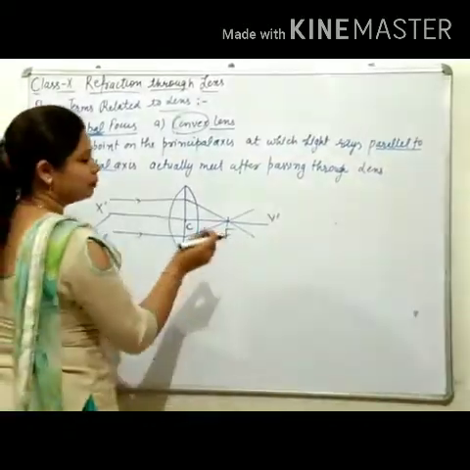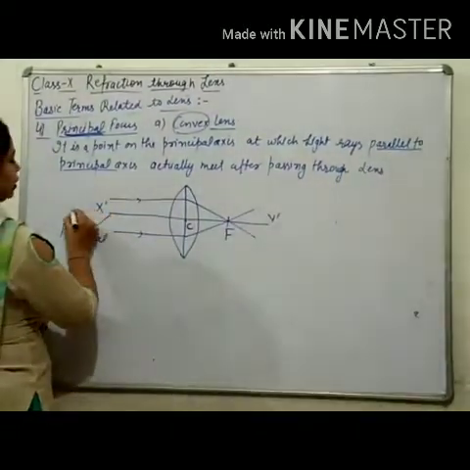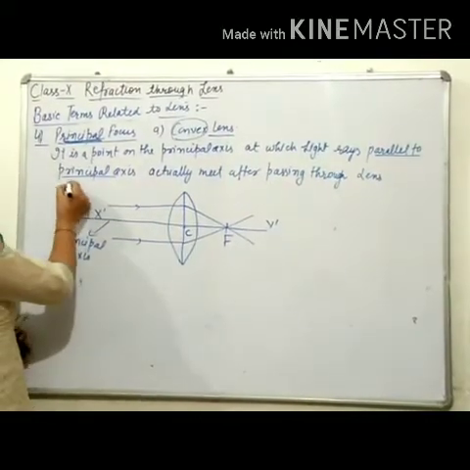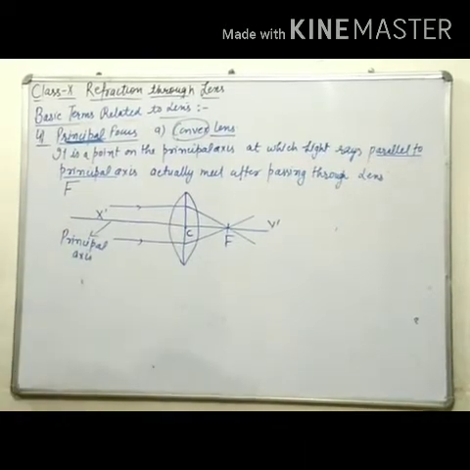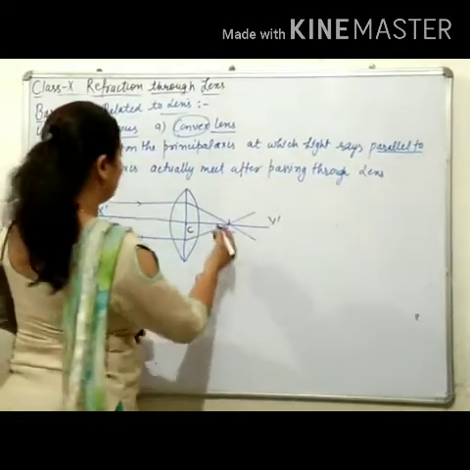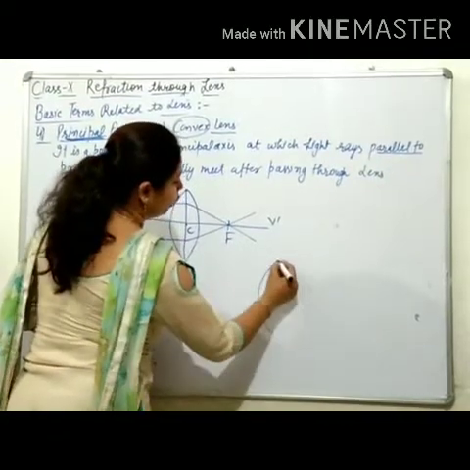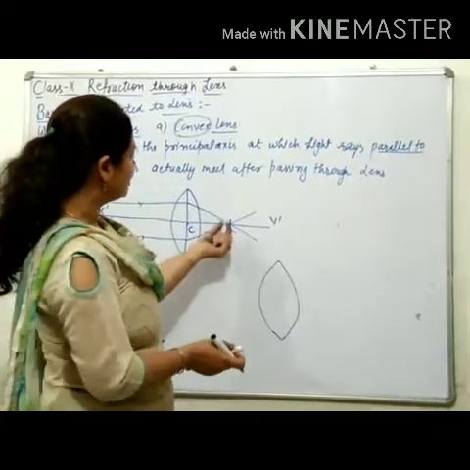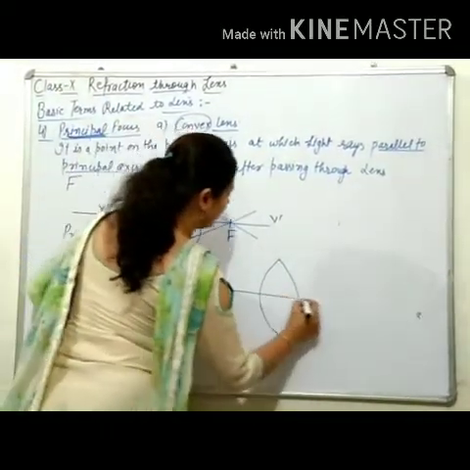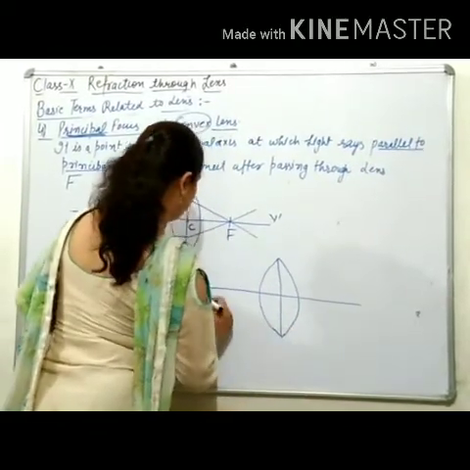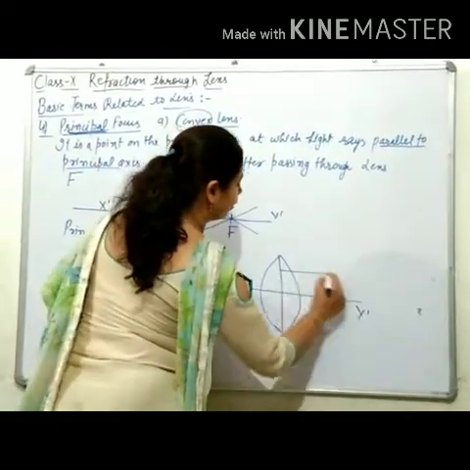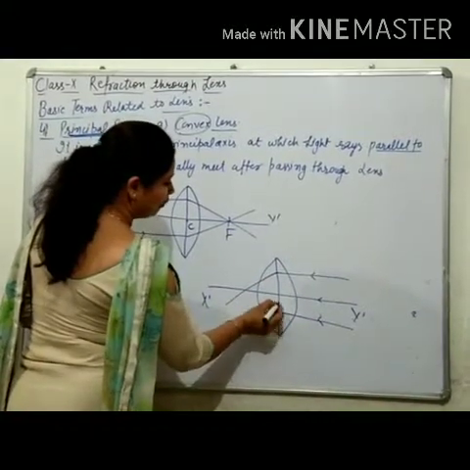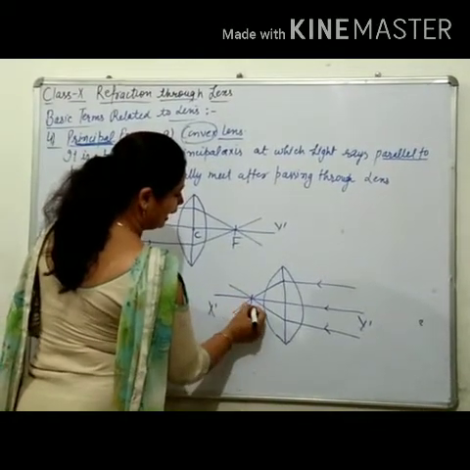Focus means a single point. It is a point which is on the principal axis, so it is known as principal focus. It is denoted by the symbol F. If the rays are coming from the left, they get converged at a point F. But if the rays are coming from the right, these rays, after passing through the lens, meet at a point.